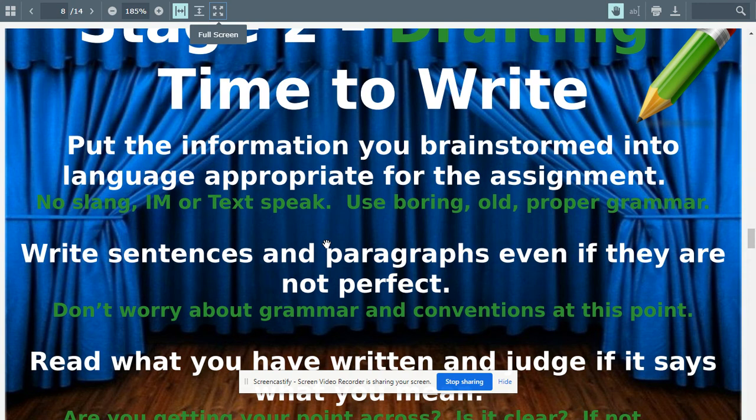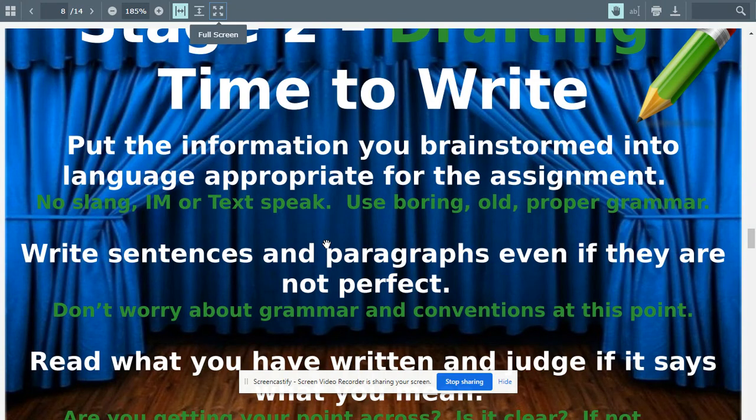Exciting, vibrant. All right, the opposite of boring, old, and no, it says use... Oh, I'm sorry. I get what it's saying now. You want to spell things out and you want to be the opposite of cool. You want to write formally is what this is saying.